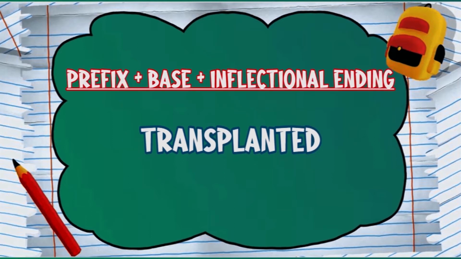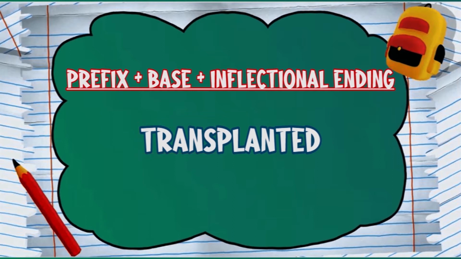Now, let's look at this word, transplanted. If you examine this word carefully, you would realize that transplanted is really a complex word. It is made up of a prefix, a base word, and an inflectional ending. The prefix being trans, and trans meaning to move.